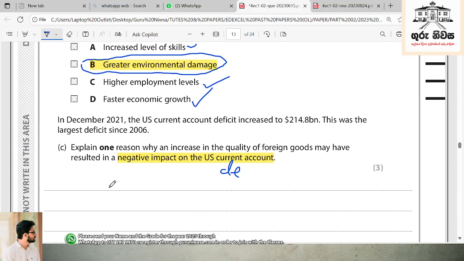Or we can say the current account deficit is the situation where the imports are greater than exports, or value of imports are greater than value of exports.